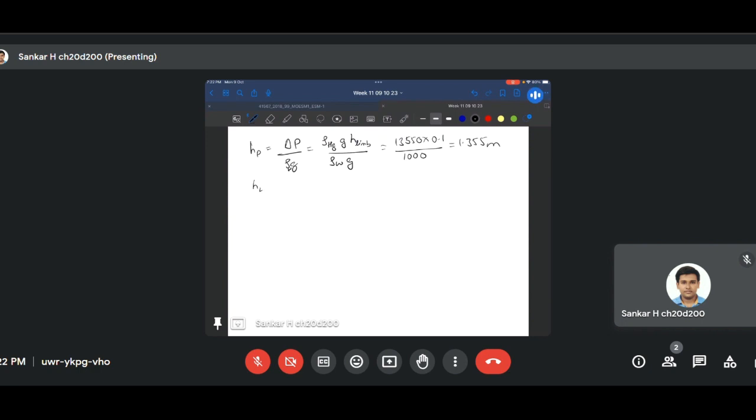Therefore, the pipe head loss will be equal to 1.355 plus 1.73, which is equal to 3.08 meters.